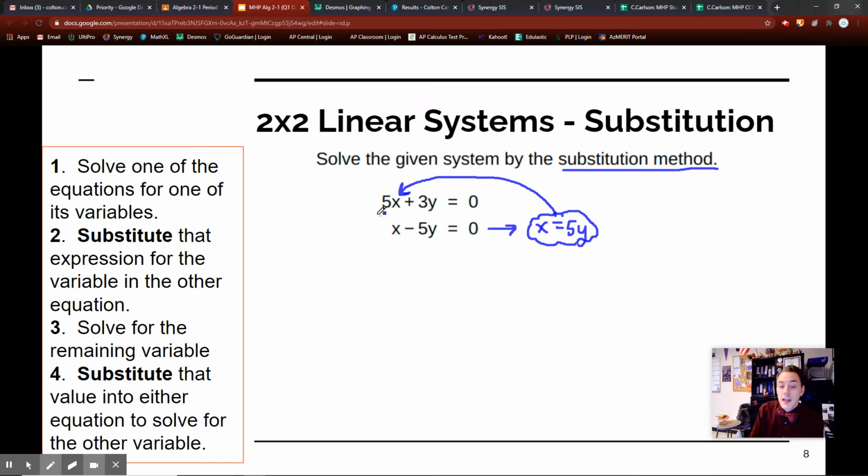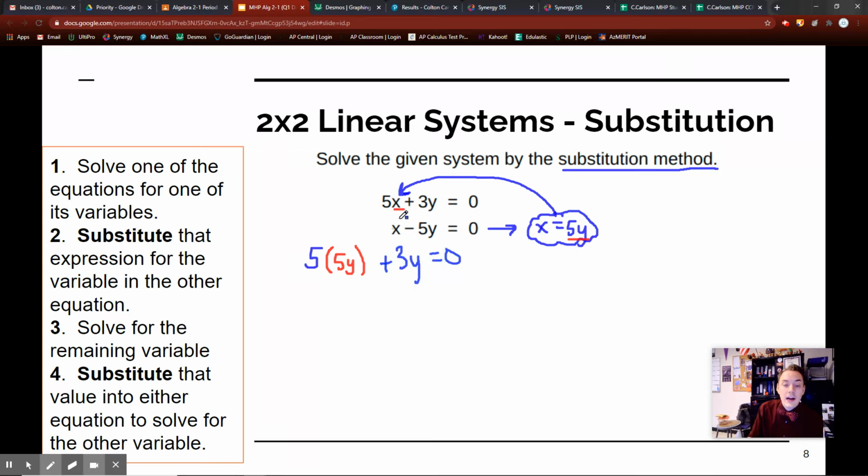So what I get is 5, and then literally in red here is what's plugged in. If this is x, and this is what x equals, then I'm going to plug in 5y. So that's what I'm plugging in, and then plus 3y equals 0.